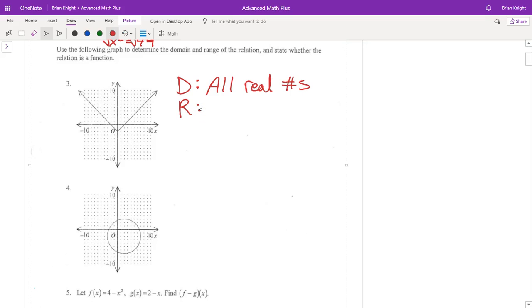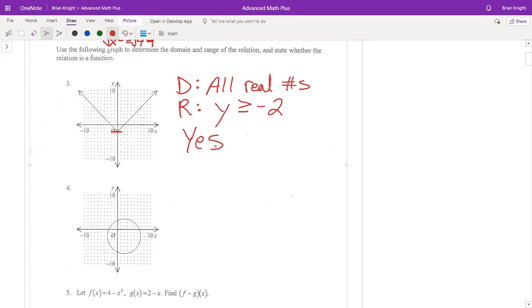No. Does it go forever up? Yes. So we got to figure out how far down did it go. -2. So y has to be greater than or equal to -2. Okay? And is that a function or not? Yes, it passes the vertical line test. So it is a function.